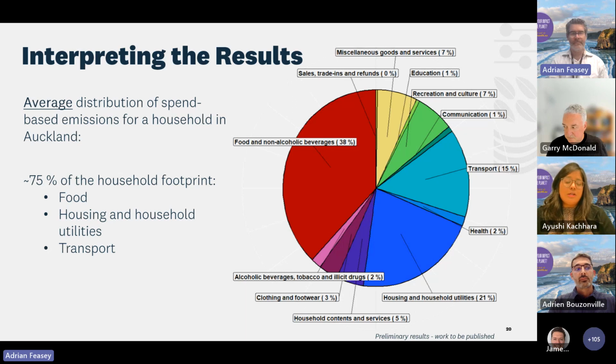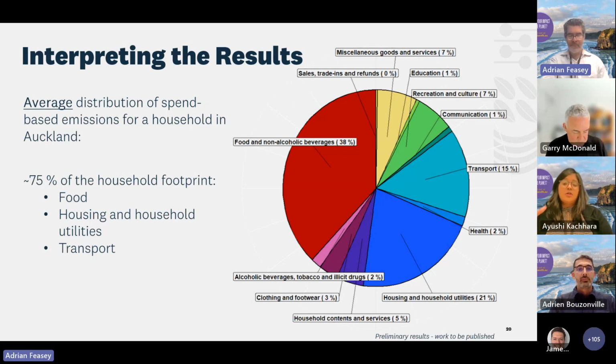So what we could do is get an emissions number for a household and look at the impacts from all these different commodities on the household footprint, and the graph on the right here shows exactly that. We see the top leading emitters based on spend-based consumption are food, housing and household utilities, and transport. This is great.